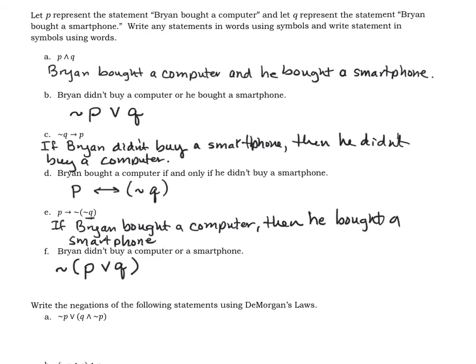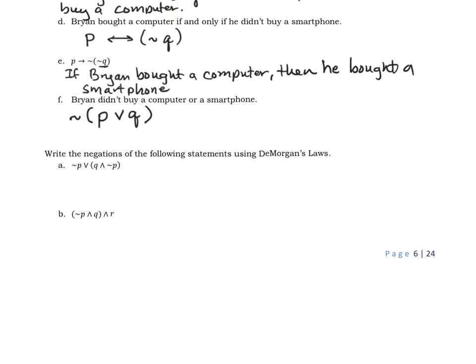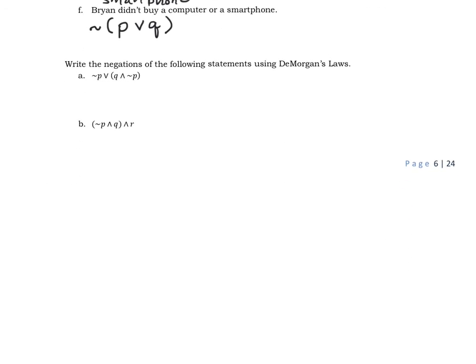Okay, so on the next couple of examples, it says write the negations of the following statements using De Morgan's law. Okay, so that particular law said if we had a negation of a conjunction, that was an equivalent statement to negation of the first statement, and a disjunction with the negation of the second one.